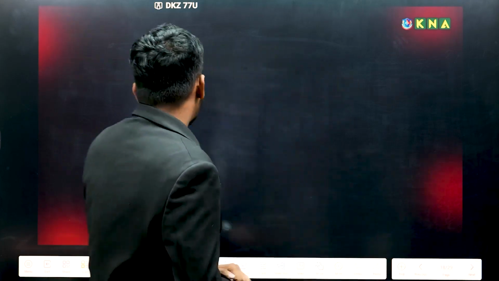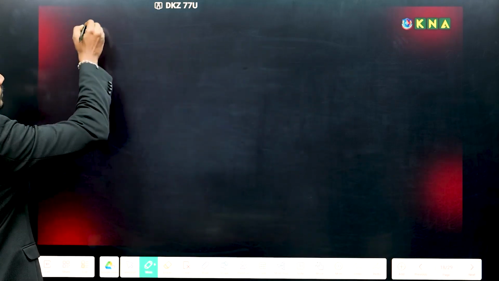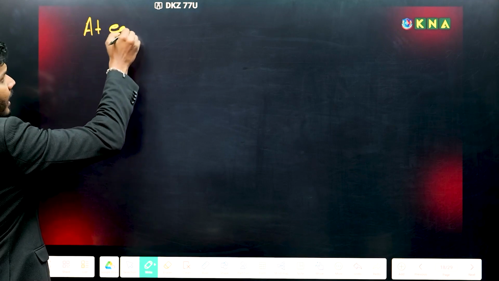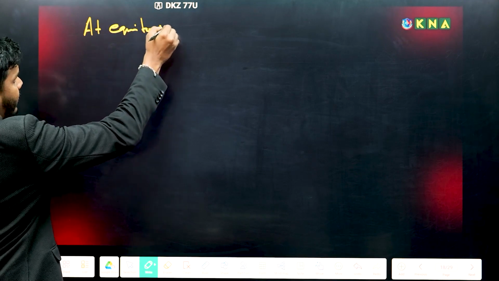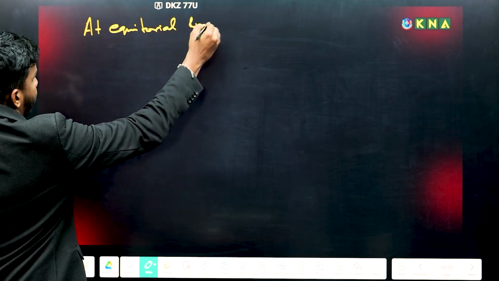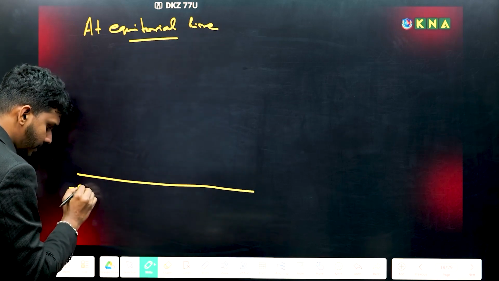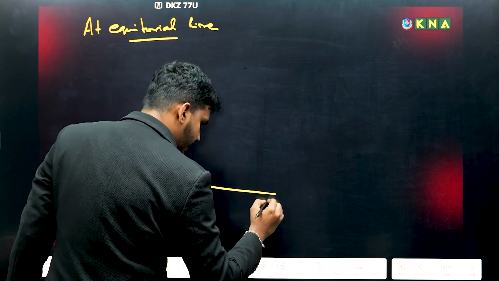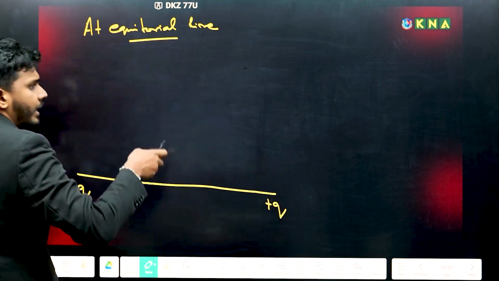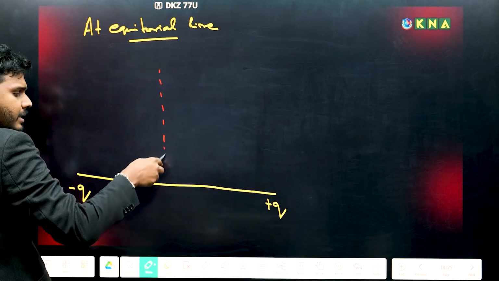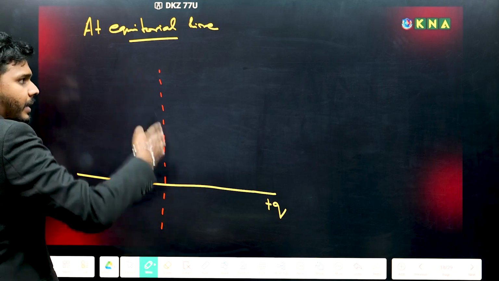Next, at the equatorial line, what is the electric field? Here this is minus Q, this is plus Q. The equatorial line means the perpendicular line.